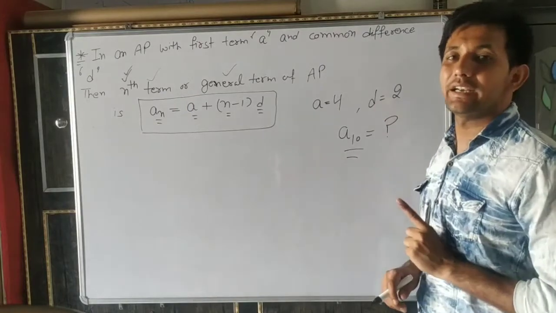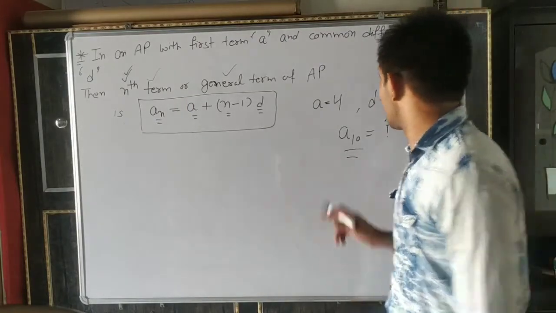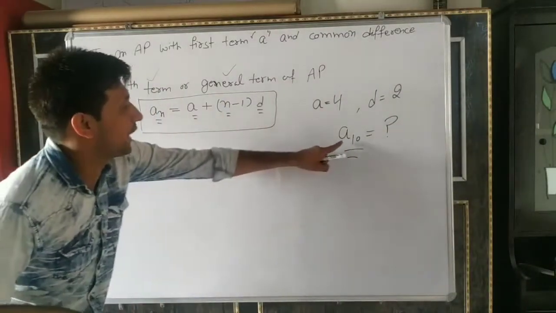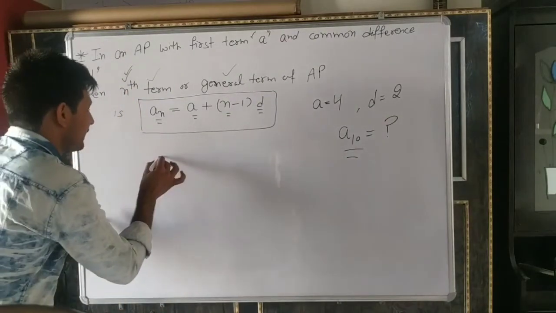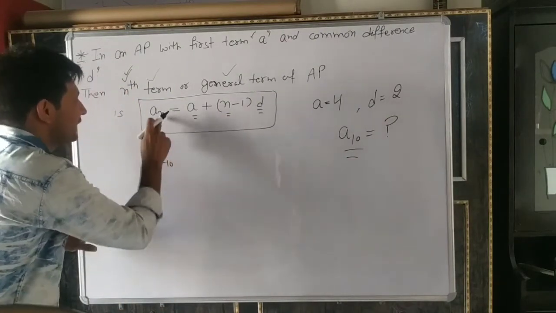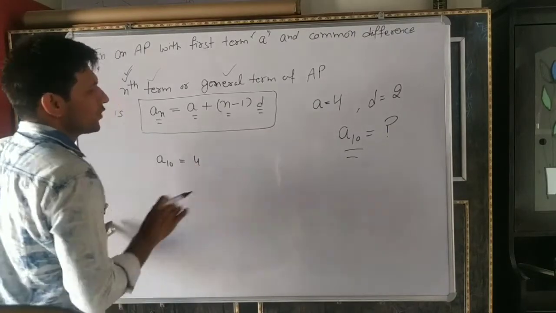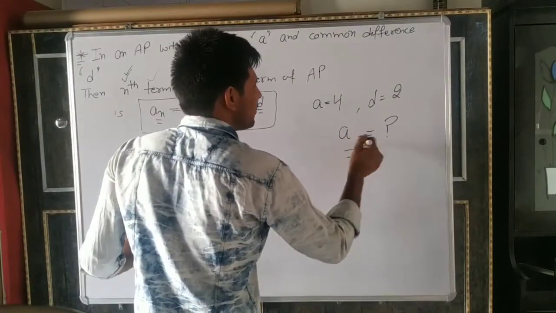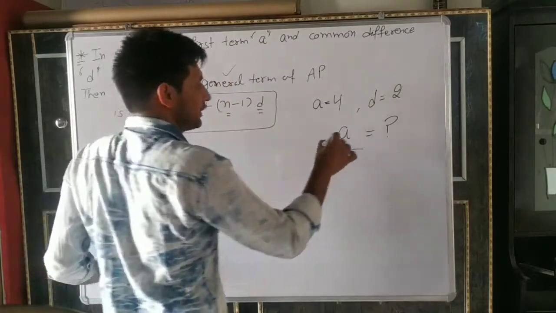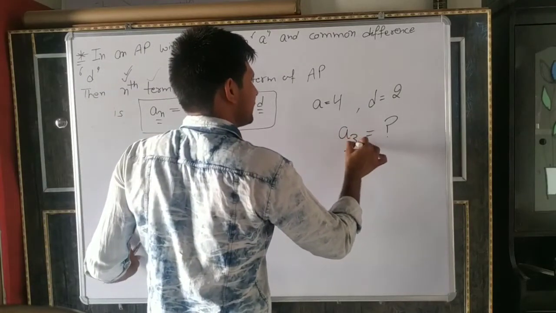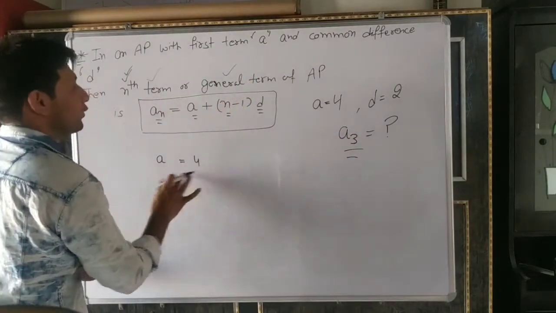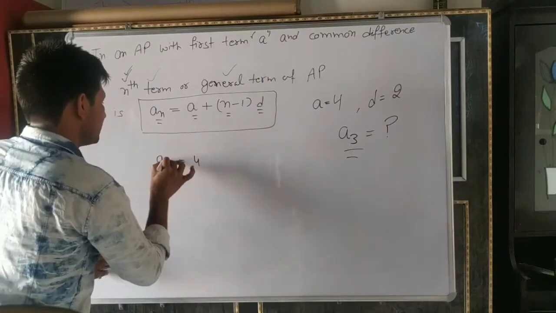So we have to find A10. In place of n we put 10, and A value is 4. You can find it with very small numbers too. Suppose we want to find A3. In place of n it is 3.